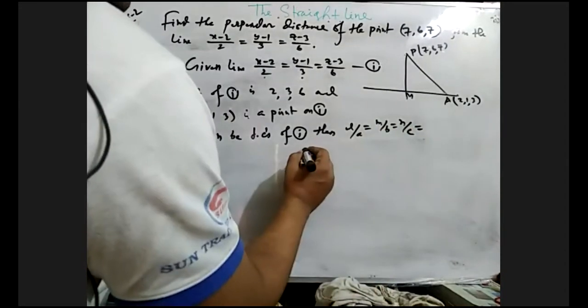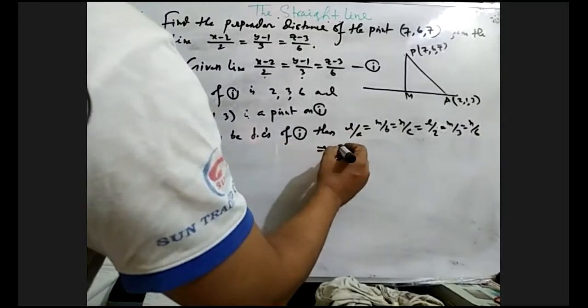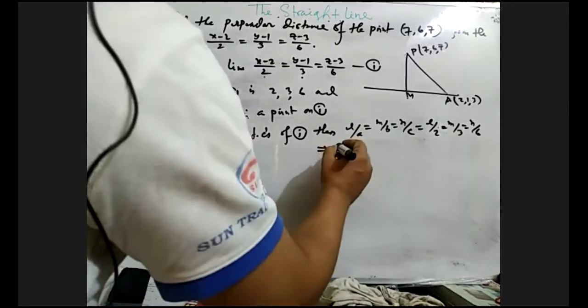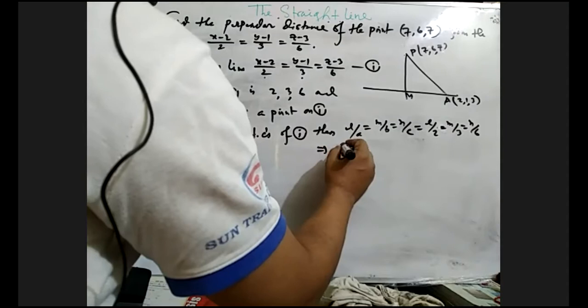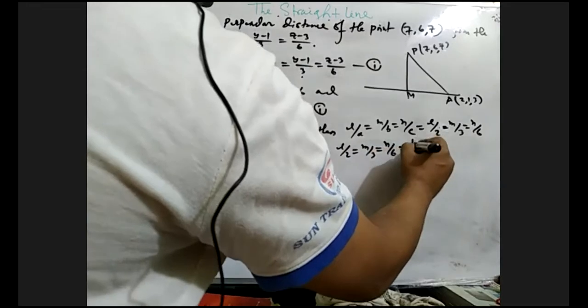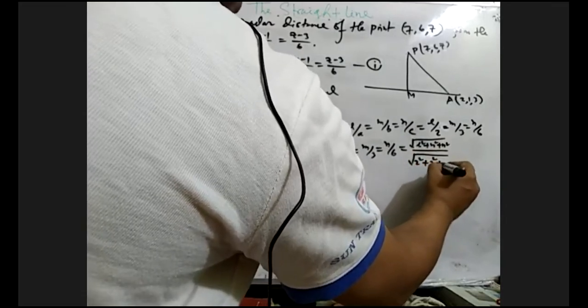So this means we can write l by 2, m by 3, and n by 6. So from this line we can write l by 2 equals m by 3 equals n by 6 equals root over l square plus m square plus n square divided by root over 2 square plus 3 square plus 6 square.